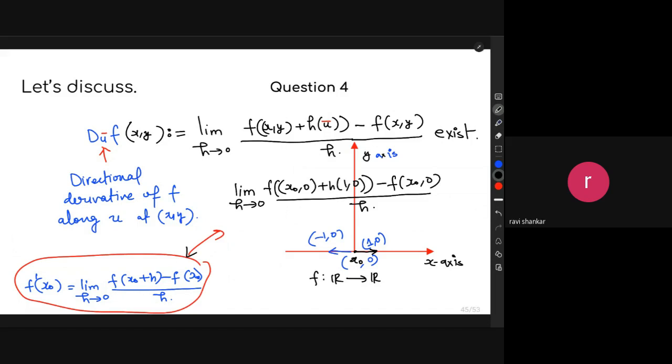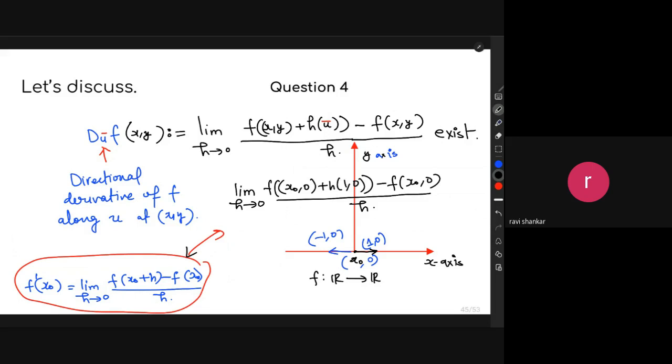That variable comes from the unit vector that you are choosing to differentiate along. So if I choose my vector to be 1 comma 0, the differentiation turns out to be similar to the one variable differentiation.